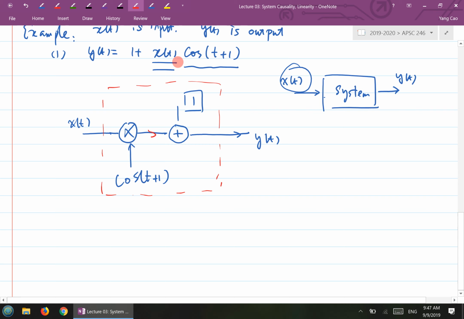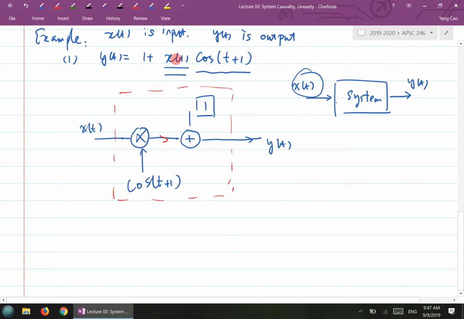Most often for this kind of question, you can just pick an arbitrary t naught as your current time and plug it in. You could even pick an actual number, not just a variable t naught.